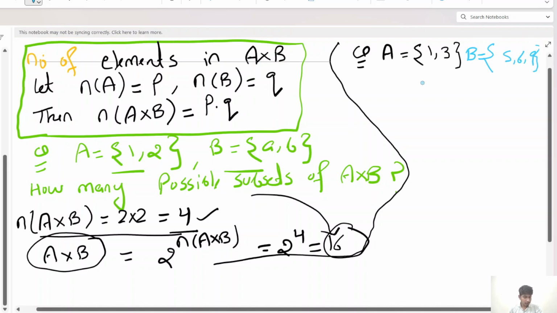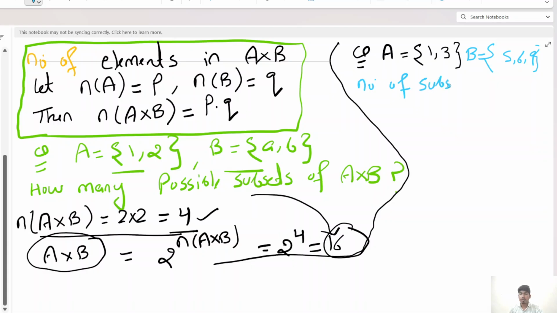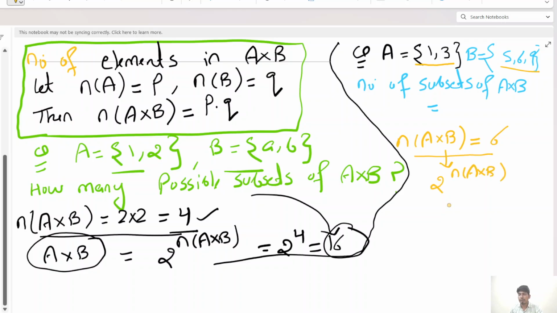Then how many subsets does A cross B have? Here 2 elements, 3 elements. So the number of elements in A cross B is 6. And we know the total number of subsets of A cross B is 2 to the power the number of elements in A cross B. That is 2 to the power 6, which is equal to 64.